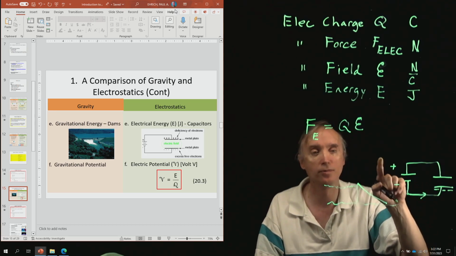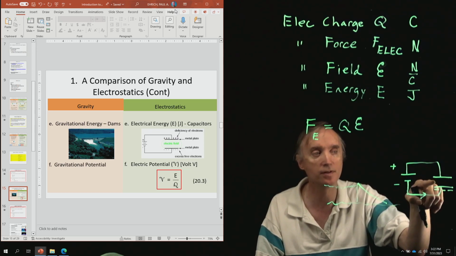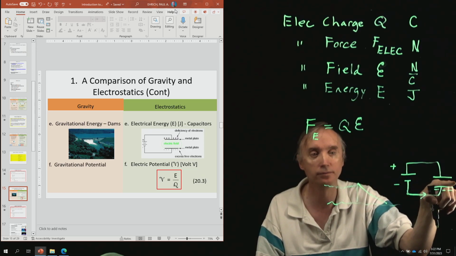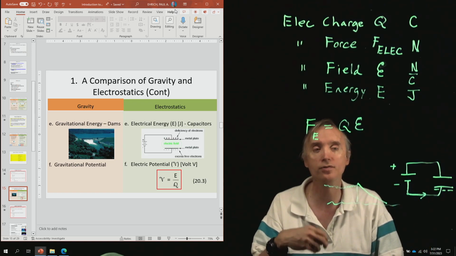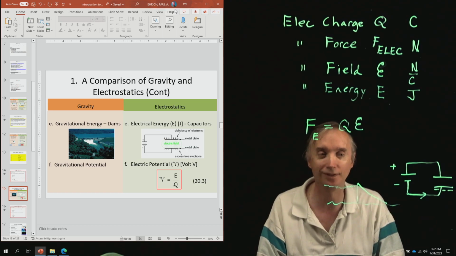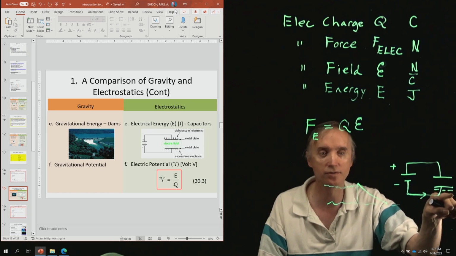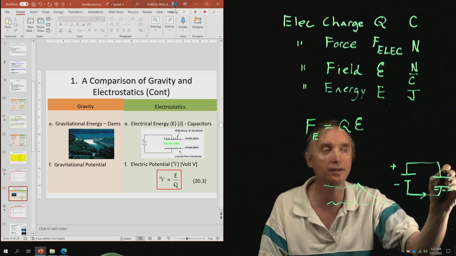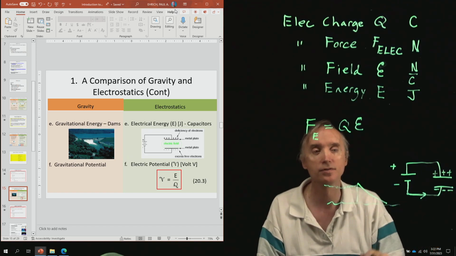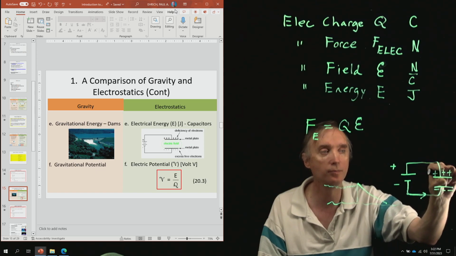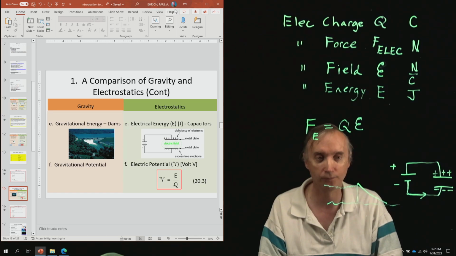Now the charges can't go back to the battery because of this open spot right here, so the negative charges start to pile up. But what do we know about conservation of electrical charges? You can't just have negative charges like that without having an equal number of positive charges on the top. So positive charges begin to develop on the top part, and negative charges develop on the bottom part.